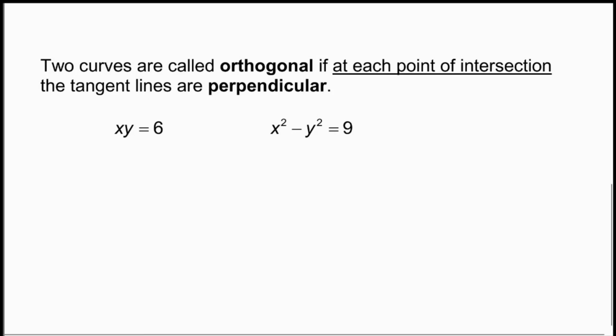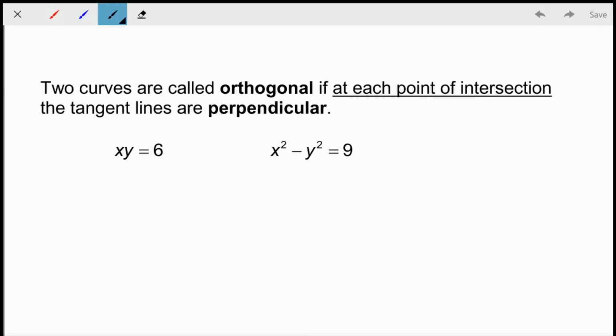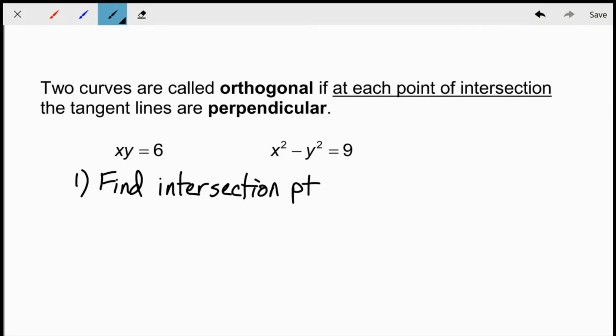Okay, so there's really two steps that we would have to follow here. The first step is we need to find the intersection points. And then the second step would be to actually test those points.